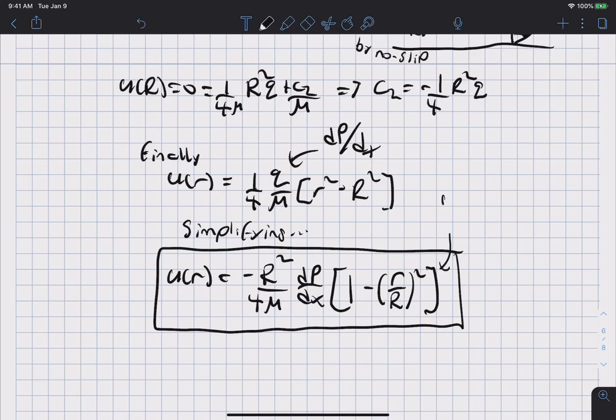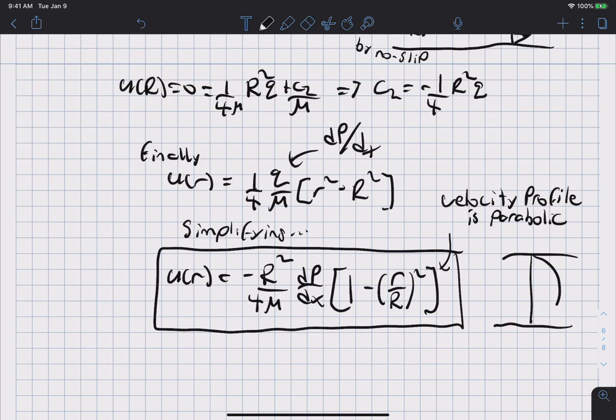The velocity profile is parabolic. It looks almost like what I've been drawing all along, just a perfect little parabola.